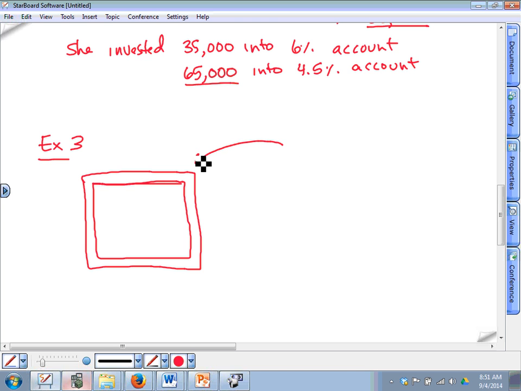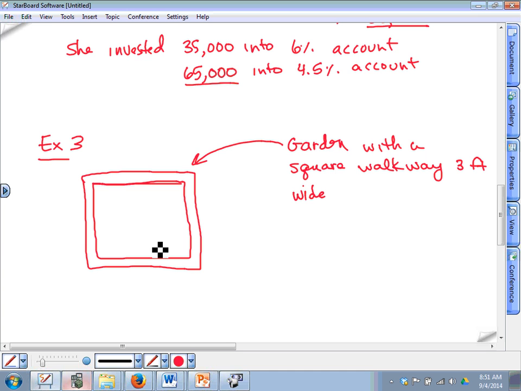Okay. So this is a garden with a square walkway (3 feet wide). These types of questions in particular are very common on an ACT. These geometrical reasoning problems. 3 feet wide around the edge.